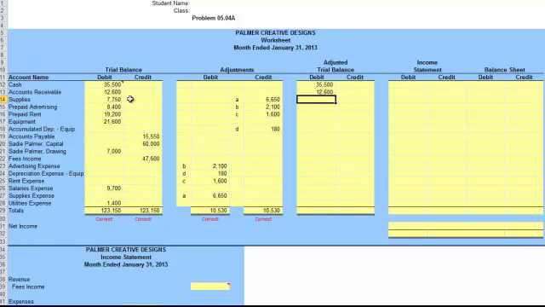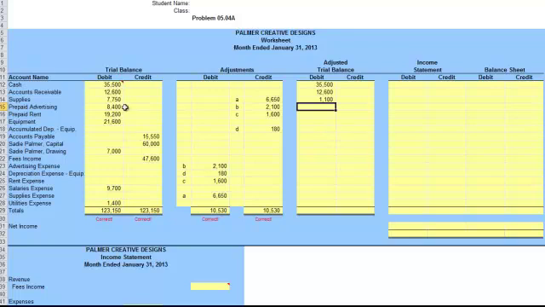Supplies started with $7,750. We used up $6,650 because it's a debit balance and a credit adjustment. I subtract my numbers, and I have a $1,100 debit balance in the supplies account, which is what the book told me I had on hand at the end of the month.